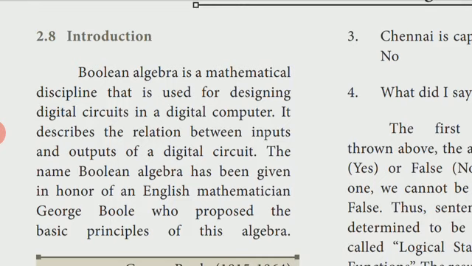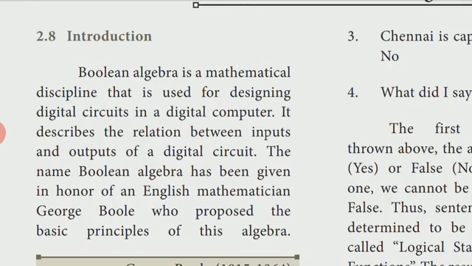Boolean algebra mainly depends on the input and then the output. It explains the relation between input and output data in a circuit. And this was introduced by George Boole.